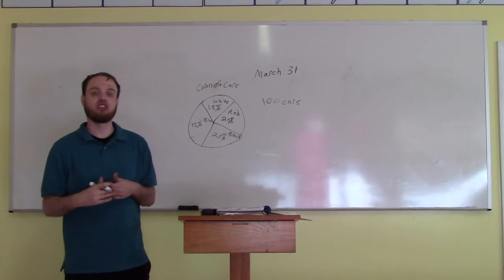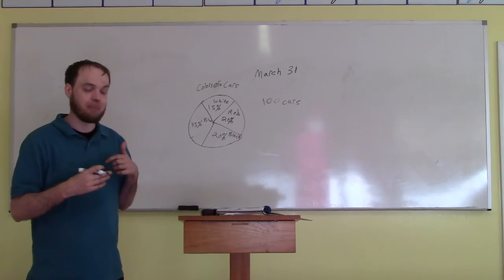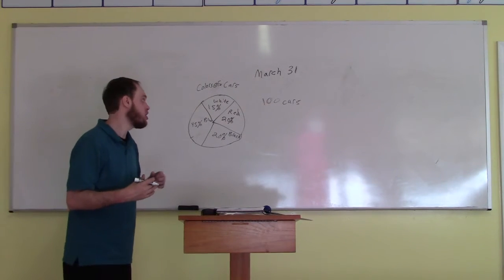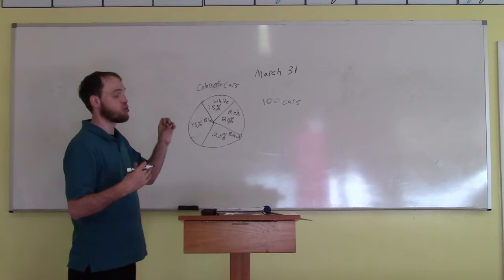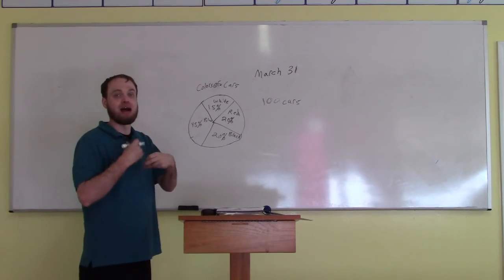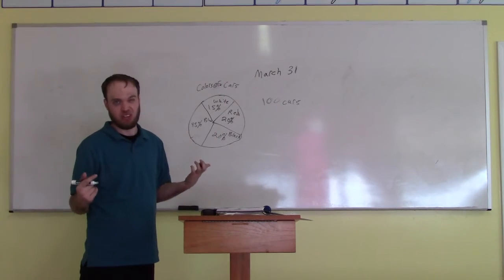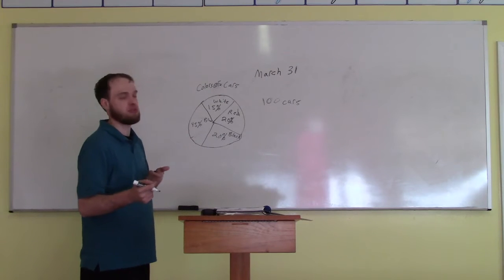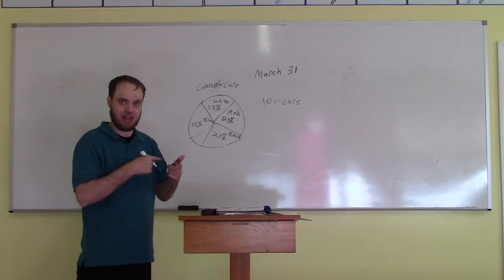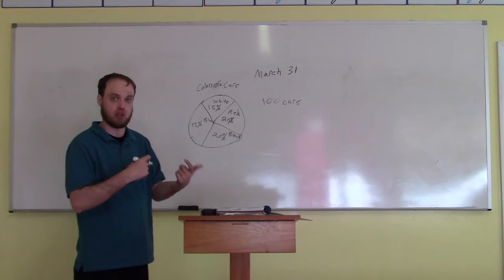And so if you want to know how many actual red cars there are, you take the total number of cars and multiply it by the percent. And you have to change the percent to a decimal. So to change 20% to a decimal, you move it 2 times to the left, and so 20% becomes 0.20.